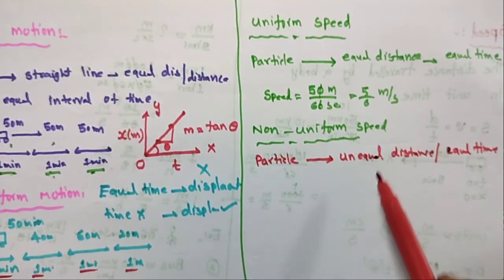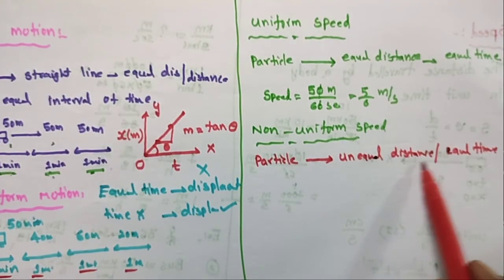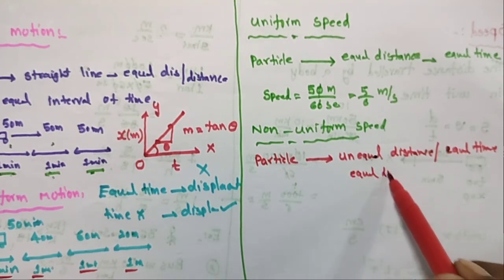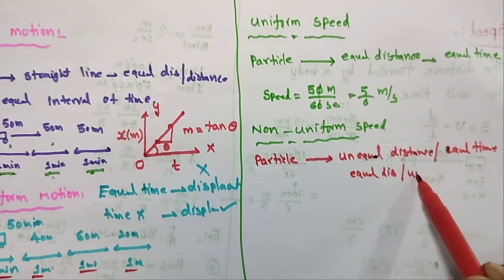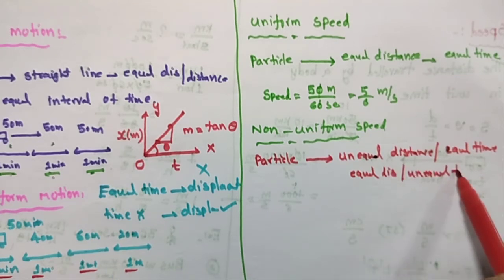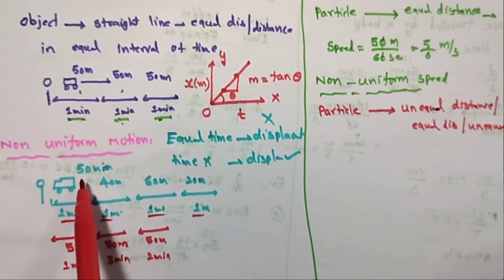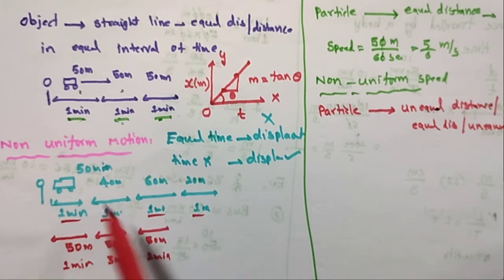So the particle is moving in a straight line, unequal distance in equal time, or equal distance in unequal time. Like this, a second example here: 1 minute 50 meters, 1 minute 40 meters.